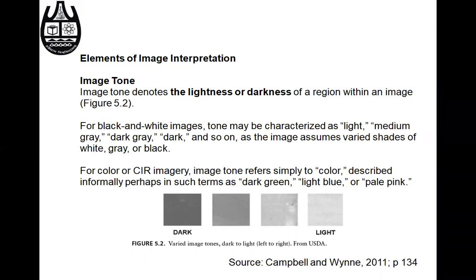For example, the green color can be found from the leaves of the trees, and also from other fields, for example grasslands, or any crop fields. So now the question is the darkness and lightness.